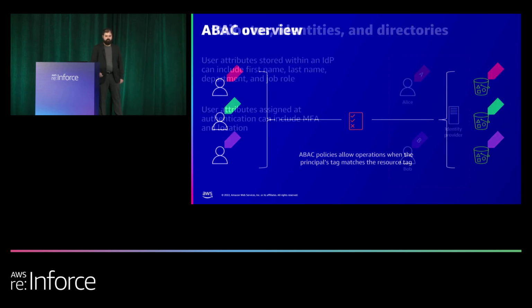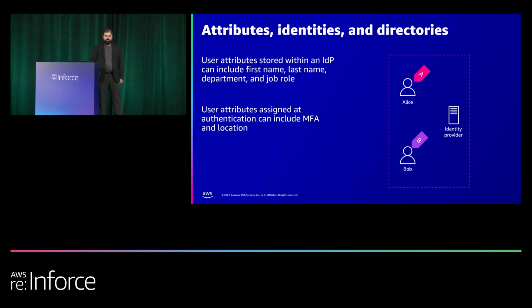And so when we talk about attributes, we're talking about things like the first name and last name of a user, their department, their job role. In this illustration, we have two users, Alice and Bob, and they have department attributes of A and B. These attributes are stored within the IdP, and in a situation where a customer is using SAML and SCIM, you can use SCIM to provision the identities and their attributes.